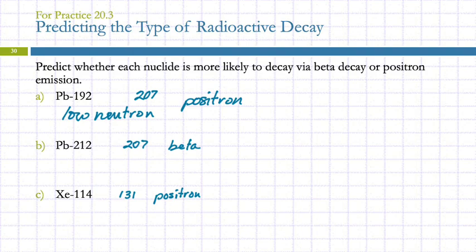But you just want to look at the average mass, compare it to this mass number, and then look at the different types of radiation. You should memorize those particles and what's happening, and so then you can look at what's going on and see, oh, well, that's causing the mass number to go down, or that's causing the mass number to go up, right? And you can just sort of reason it out.